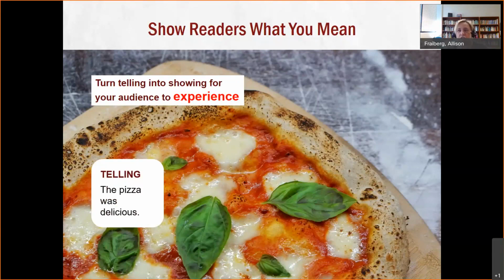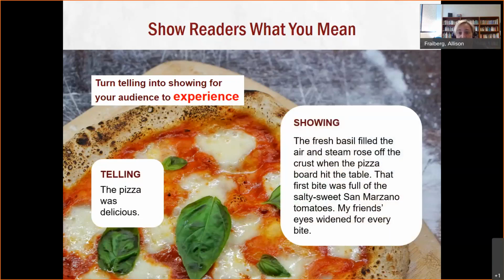But if you wanted to show me, if you wanted to make me experience this pizza, you might say something like this. The fresh basil filled the air and steam rose off the crust when the pizza board hit the table. That first bite was full of salty, sweet San Marzano tomatoes. My friend's eyes widened for every bite.